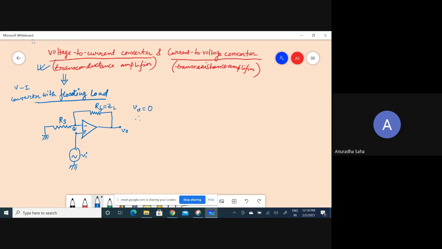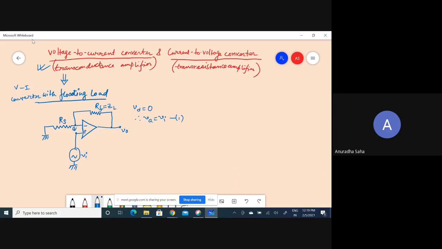So I can write that VA must be equal to Vi, right? If I give this as equation number one, then you can see what I can write as IL, that means the load current.